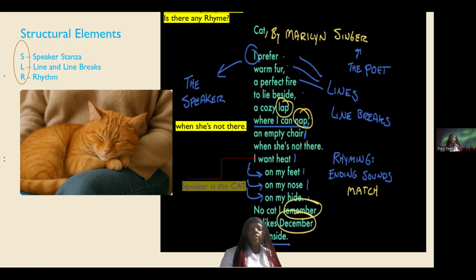Now, the next thing that we need to look at, it says, is there any rhyme? I prefer warm fur, big fire, to lie beside. Okay, no rhymes there. A cozy lap where I can nap.